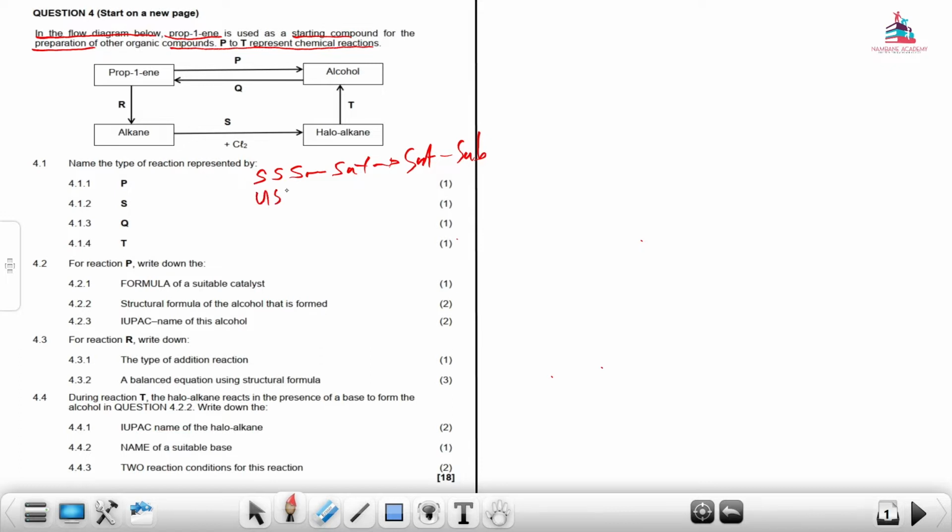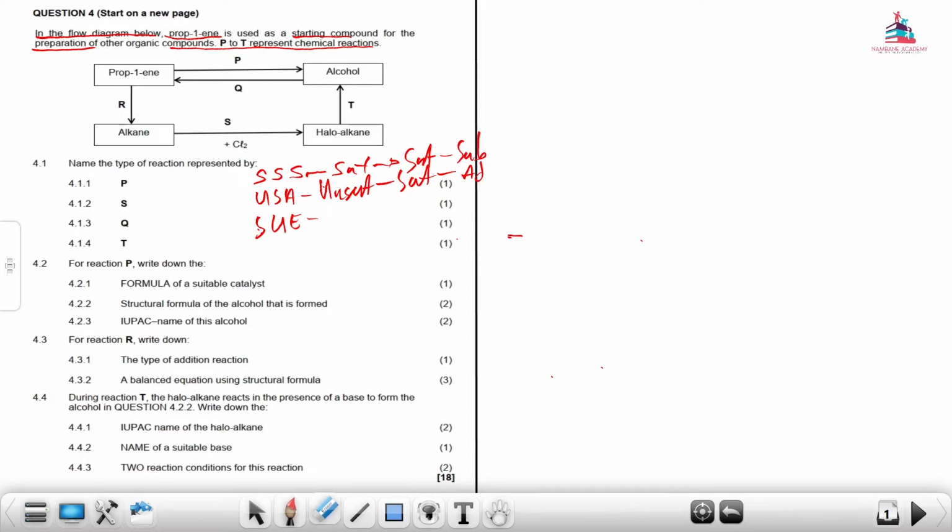Then I went to the United States of America, where I met a beautiful lady called Sue. So remember this analogy. I will forever write it down, because it gives us the general idea of what is going to be assessed. So what does USA mean? It says if I am moving from unsaturated to saturated, that reaction must be addition.